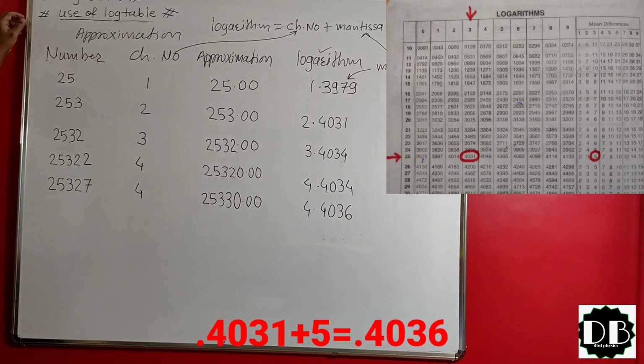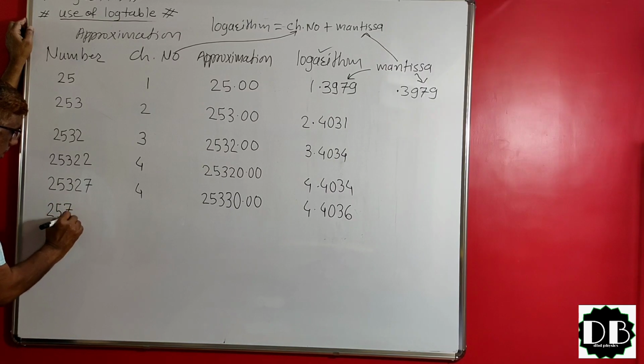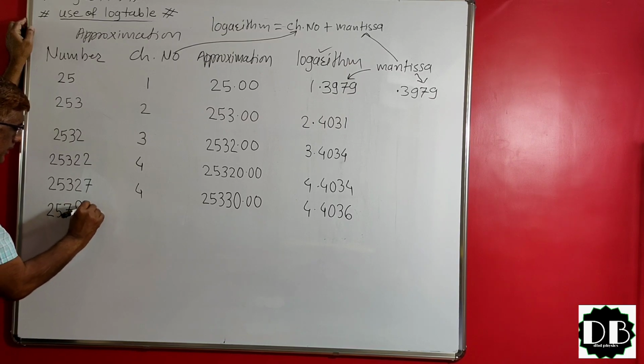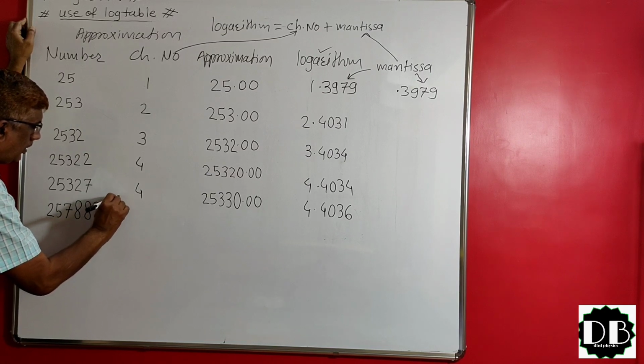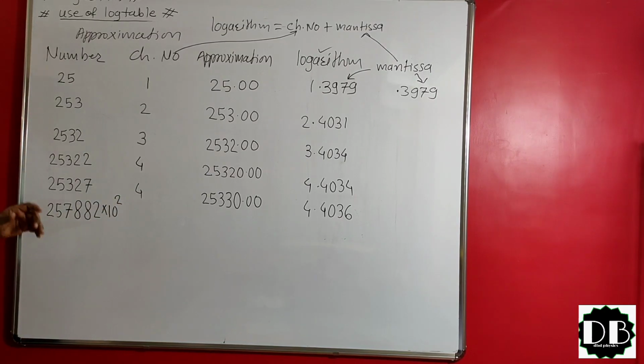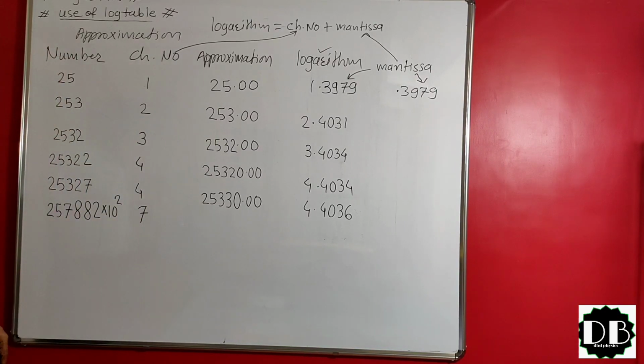If our number is like this, 2 5 7 8 8 2 into 10 raised to 2. First of all, you must write the character number. Its digits: 1 2 3 4 5, 5 plus 2, 7. Character number is 7. Approximation: focus on the fifth digit.